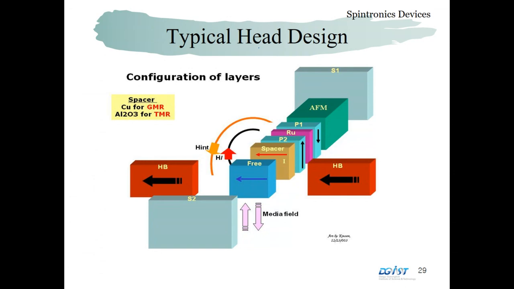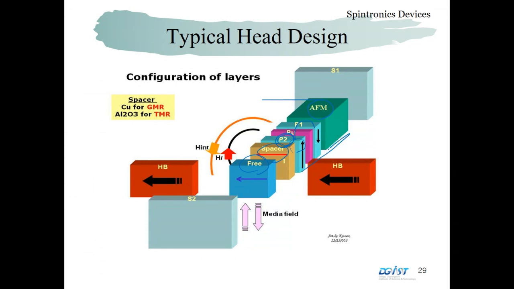For example, this is a typical example of hard disk drive head designs. Here we have a free layer, a non-magnetic spacer layer and a second ferrite layer. And there are also some more, like an anti-ferrite layer.